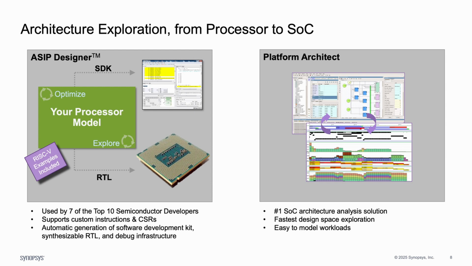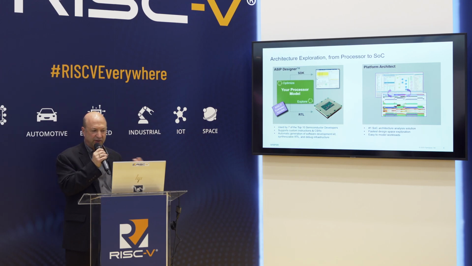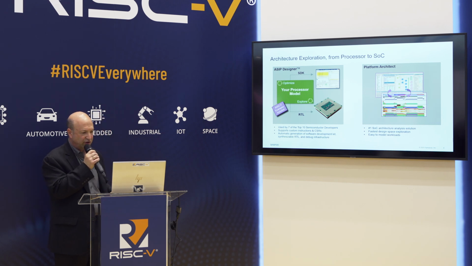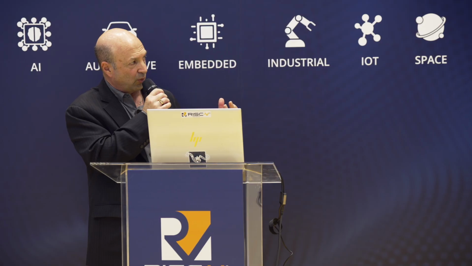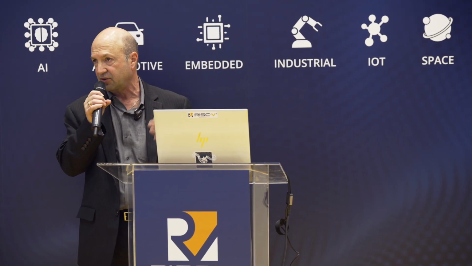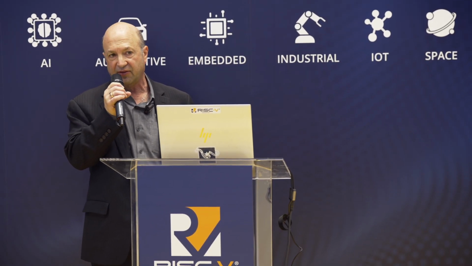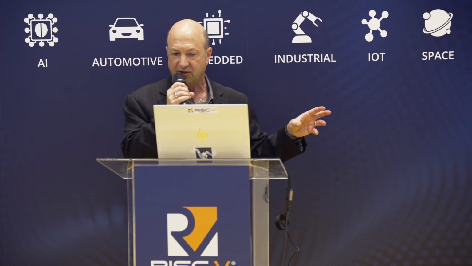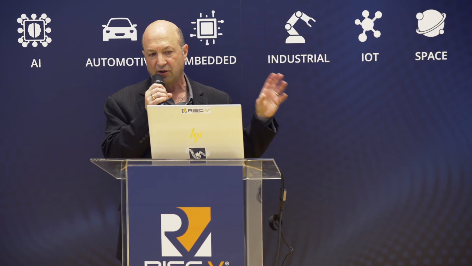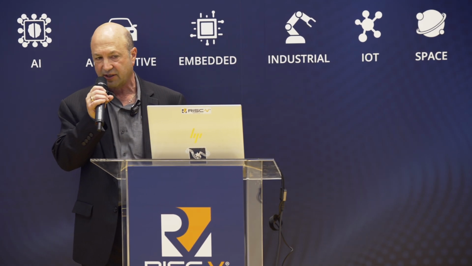It also outputs the software development kit, including things like the compiler and the rest of the tool chain. And then Platform Architect is the industry leading tool for SOC performance analysis. What we've done with Platform Architect is to add the capability there to have a RISC-V processor that is driving the SOC and have RISC-V workloads inside of Platform Architect.